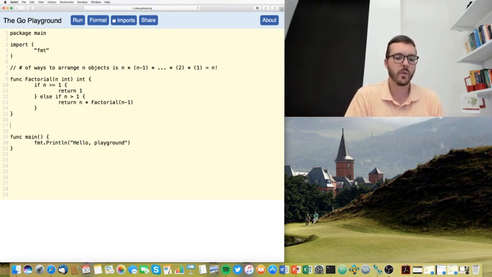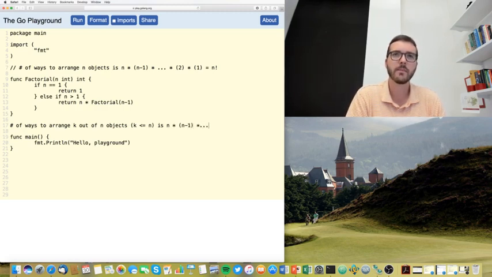What about if we want to say the number of ways to arrange k out of n objects? So say k is less than or equal to n. Okay, what might be the answer there? Well, we have n choices for the first object, and then we have n minus 1 for the second object, and so on.